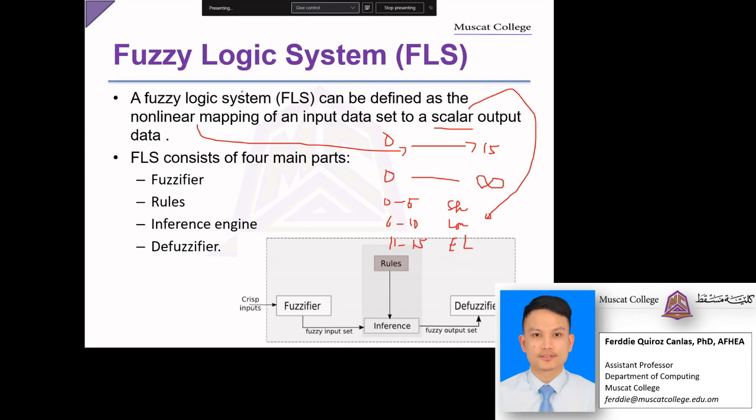So investigating the parts of the FLS, or the fuzzy logic system, it has a falsifier. It has rules. You have to remember, we have the rules, and from the rules we are doing some inferences. You know inference, right? Inference can be said to be like a conclusion, or it could be a decision.